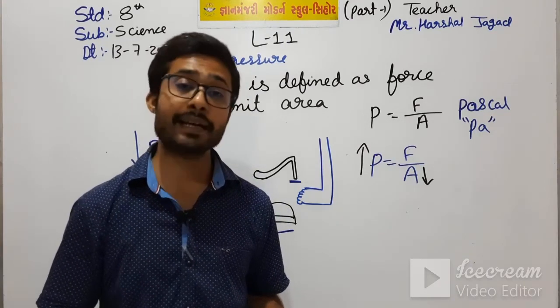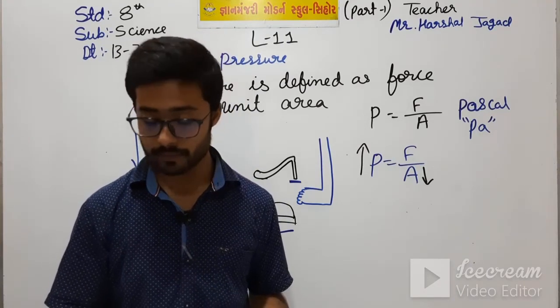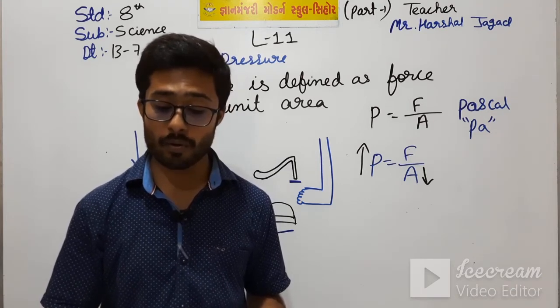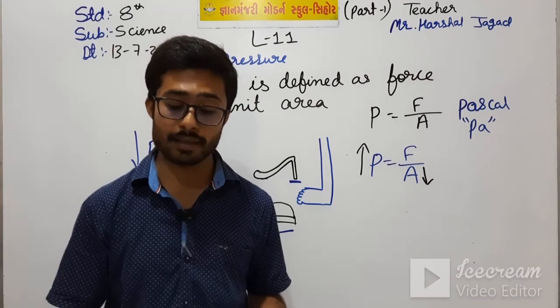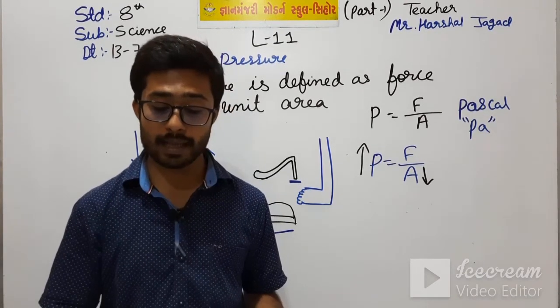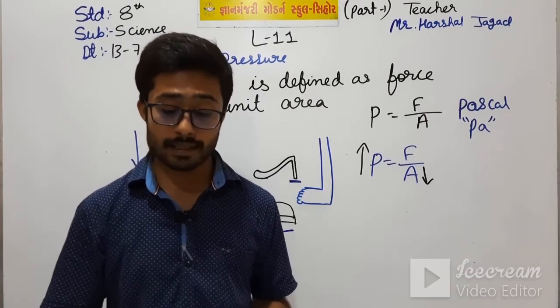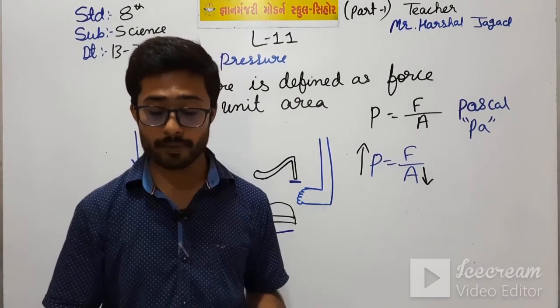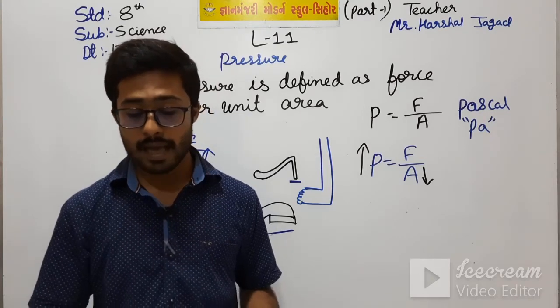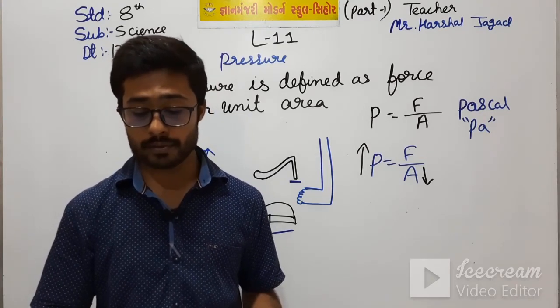Here is an activity, see here on page number 133, to understand that the pressure depends on the area over which the force is applied. Material needed: a drawing pin and an eraser. Place the eraser on the table top and press it as hard as you can with your thumb. What happens to the eraser?